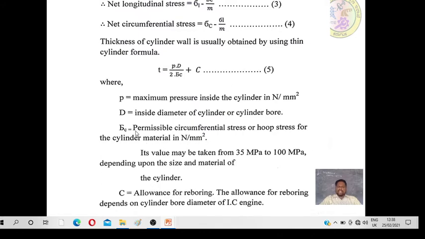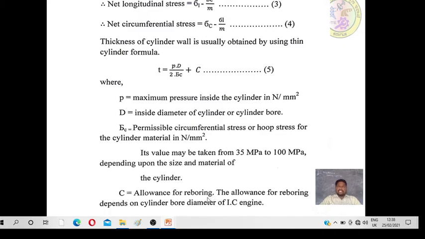You should always know this. Any allowable stress depends upon the material by which it is made. Its value may be taken from 35 MPa to 100 MPa depending upon the size and material of the cylinder, where C equal to allowance for reboring.